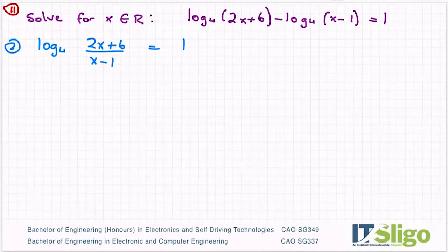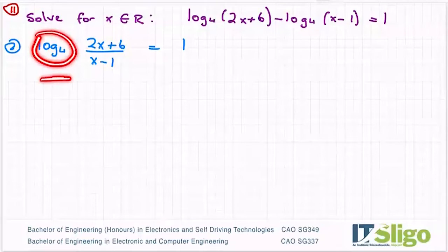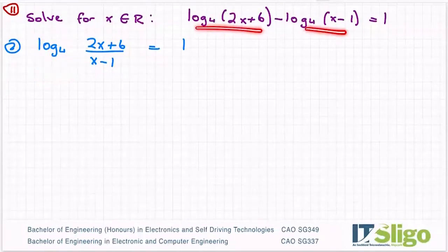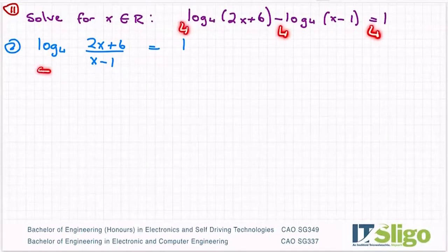What you're always looking for when solving these, because we'll eventually get rid of the log piece and solve for x, is that you can only do that when you have just one log function on the side. It doesn't work when you have multiple log functions. In other words, I couldn't raise everything to base 4 as it is. I have to combine them before I can do that.